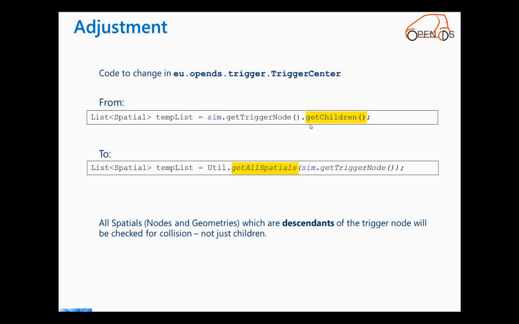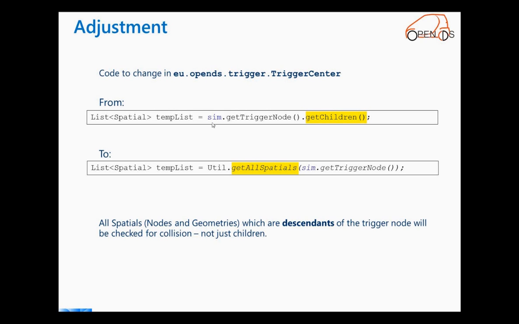However, we don't want to only have the children, as we want to have all descendants. We have to replace this by our own implementation, where we use the method getAllSpatials. This method will query all the descendants of the trigger node and will return a list of spatials, as was done before with only the children.